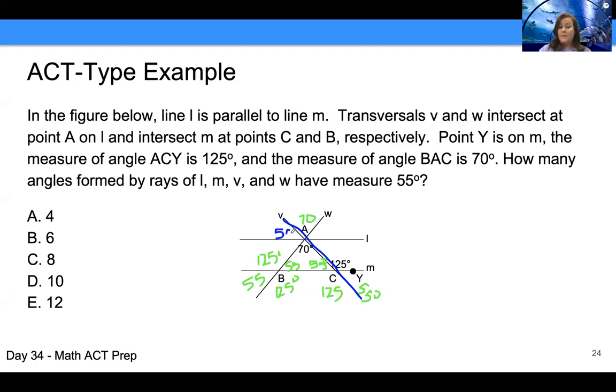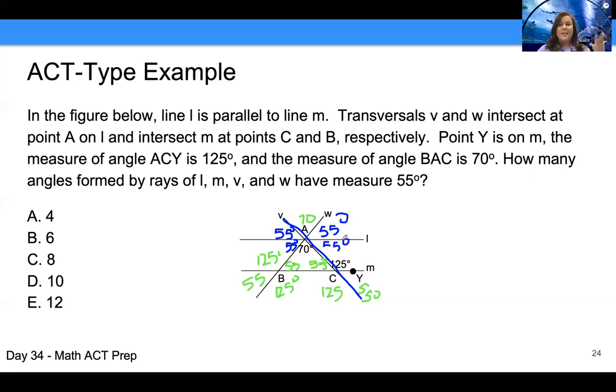So I'd be able to say 55 degrees here. And now I can go so many different ways. I can do that same thing again, 55 plus 70 plus unknown equals 125, and I can solve and find that's 55. So vertical angles here, this is 55, and vertical angles here, this is 55.